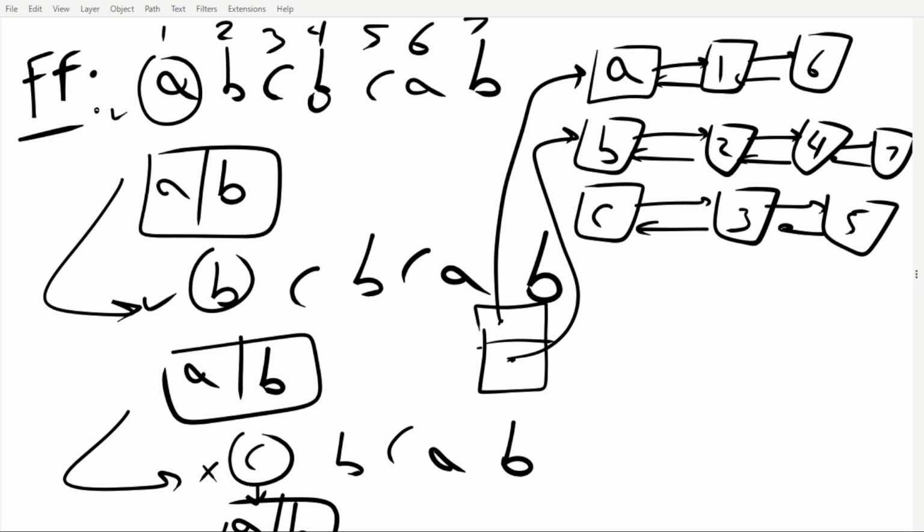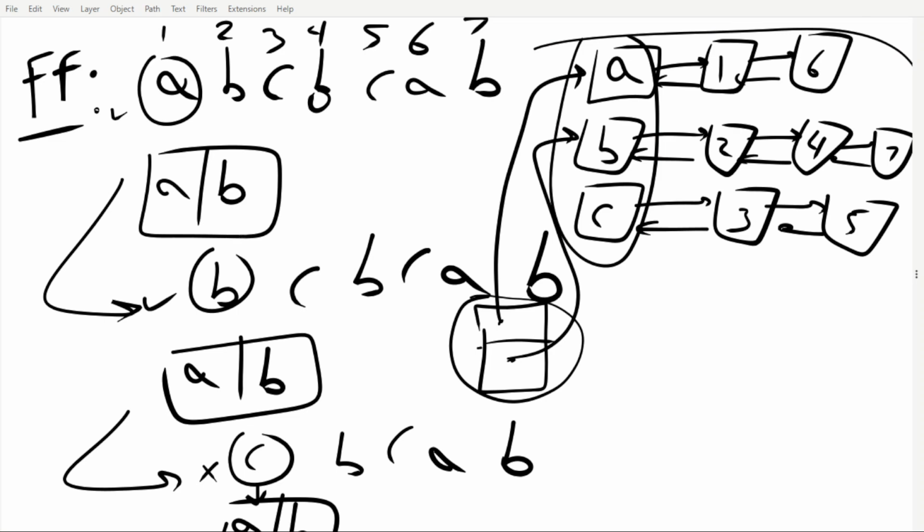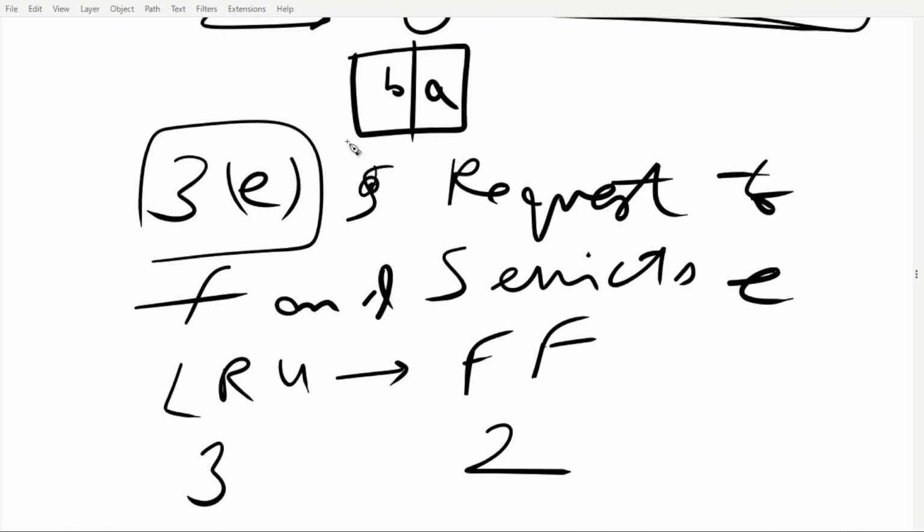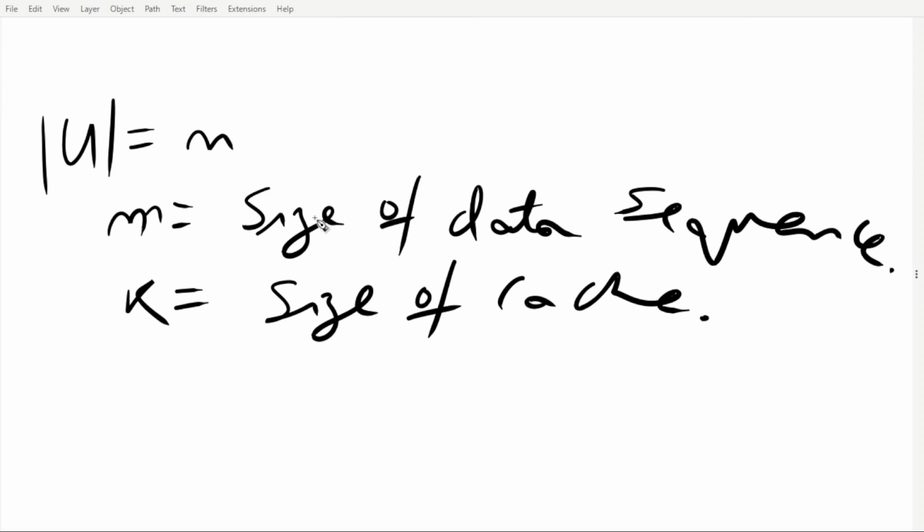So now what is the time complexity of this creation? So we have to account for this and this complete. So the cache size is k. The number of alphabets is size of u, and size of u we have taken is n.